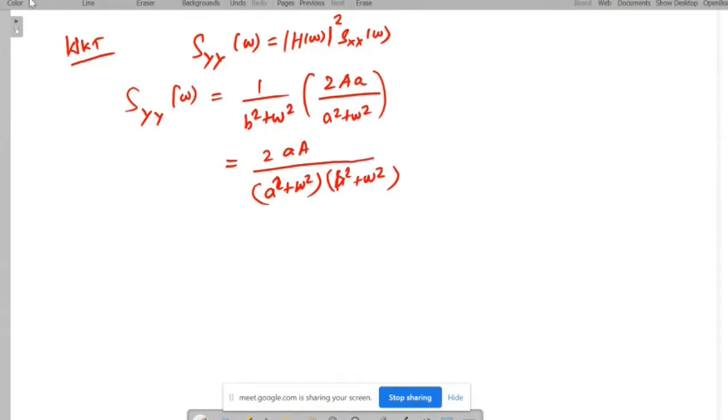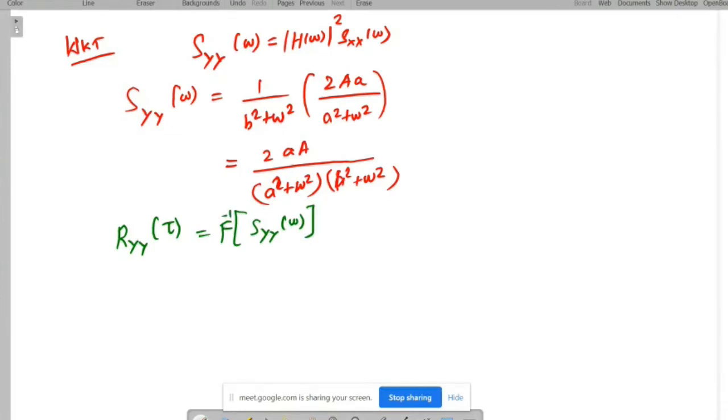Next, I'm going to find Ryy of omega tau, Ryy of tau. That means if you take the inverse of the power spectral density, Syy of omega, you may get the answer.